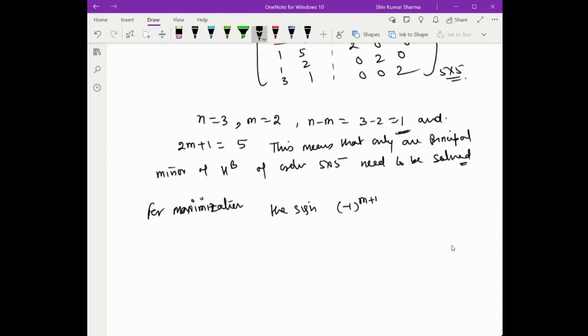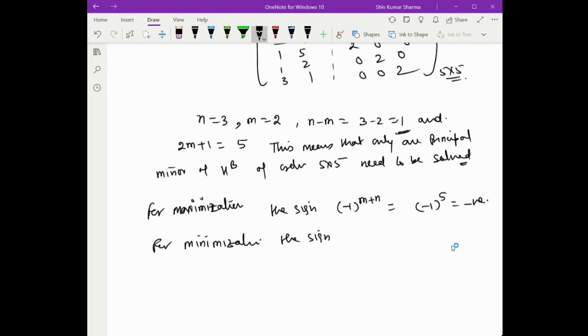Minus 1 raised to the power m plus n, which is minus 1 raised to the power n, equal to negative. And for minimization, the sign, you have to remember these things. We are involving the role of negative sign and positive sign.